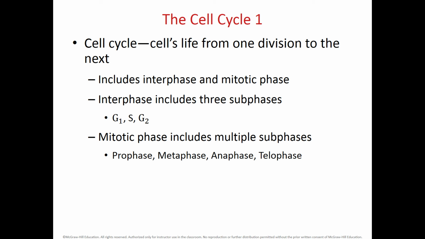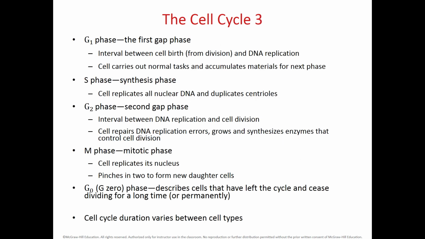Now, mitosis has several subphases as well. So it has prophase, metaphase, anaphase, and telophase. So what happens during G1, the gap 1 phase? It is the interval between the cell's birth from division and the DNA replication.